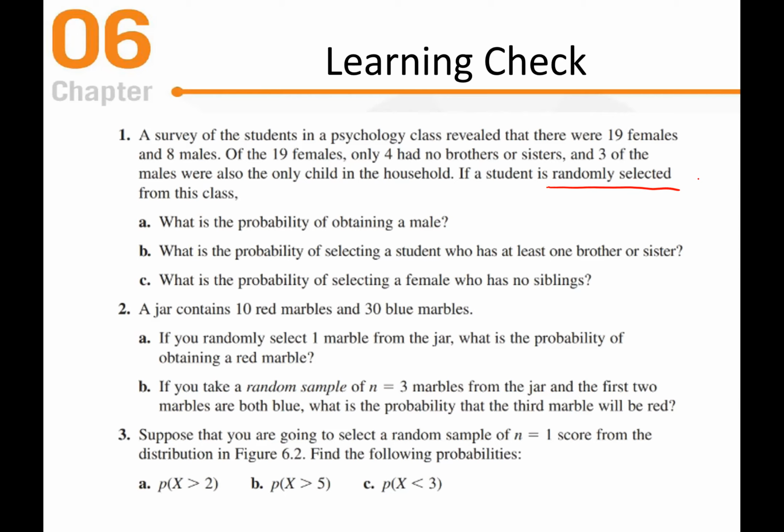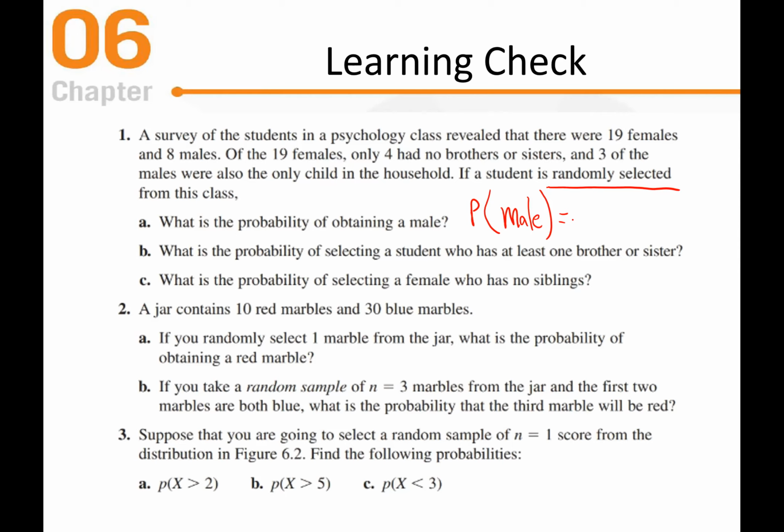Written in notation, the probability of obtaining a male is P(male), out of this entire class.